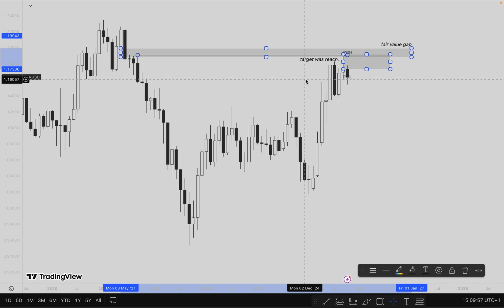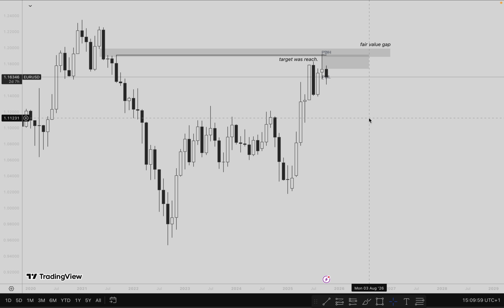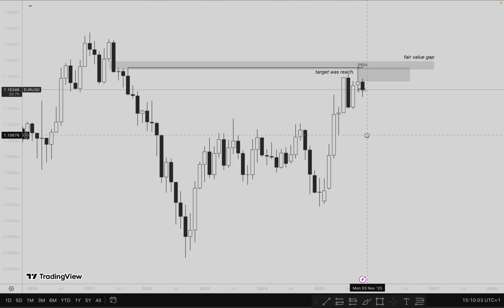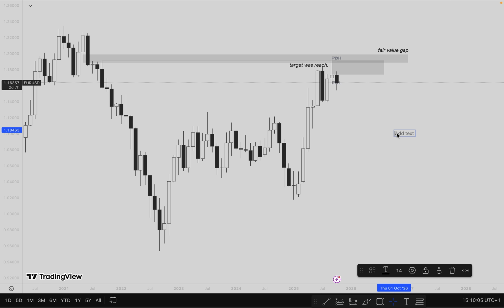When I have already decided what my view is on the monthly chart, I will next move to the weekly chart. So let's put everything right here. The first factor is that we reached the target and got a solid reaction.